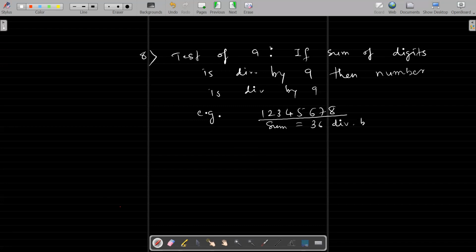So 9 divides 12345678. And which means even if you permute the digits, it is still divisible by 9. For example, if somebody takes 5, 6, 7, 8, 1, 2, 3, 4, that's also divisible by 9.